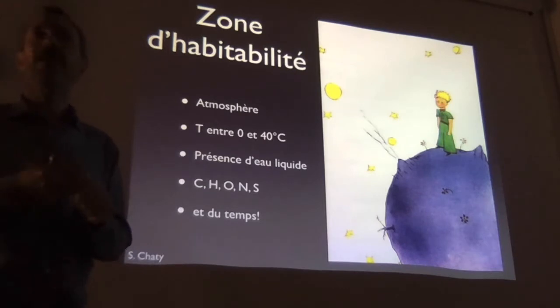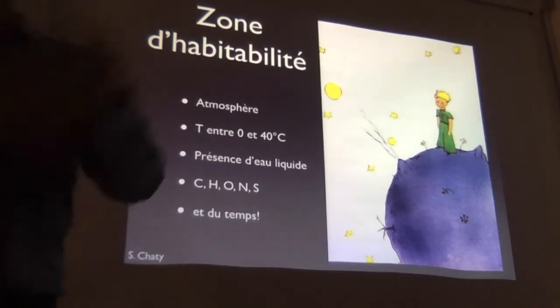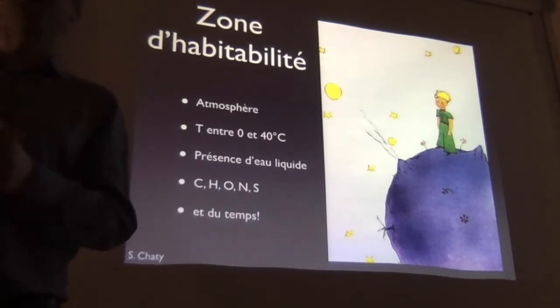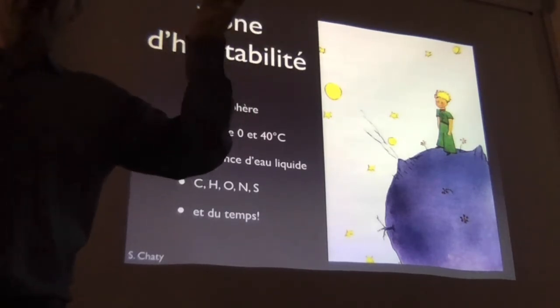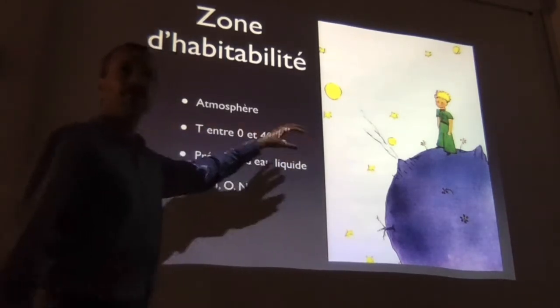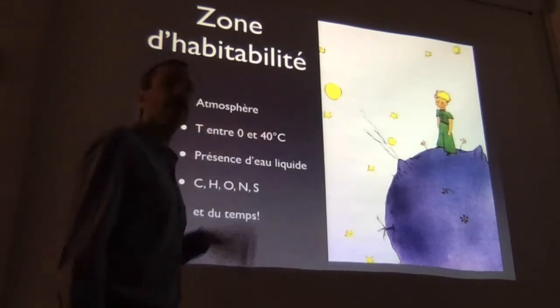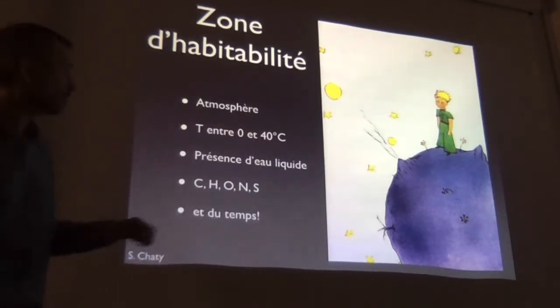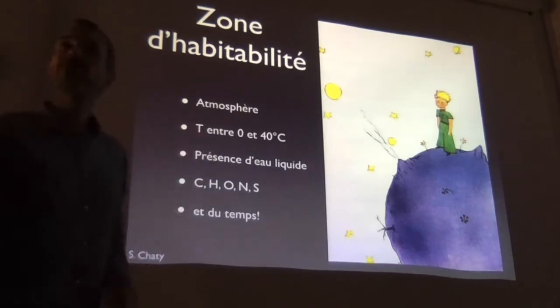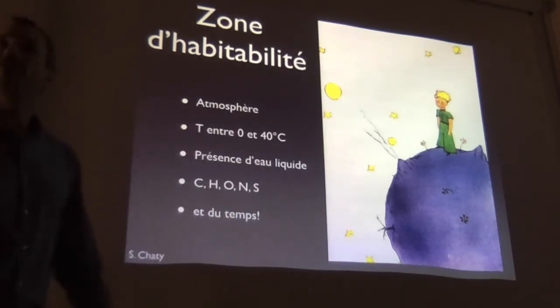If you don't have an atmosphere, then you have a gradient of temperature which is too different between the day and the night, and temperature varies too much, like on the Moon where it's plus 150 degrees during the day and minus 200 during the night. So temperature must be maintained between 0 and 40 degrees Celsius, and this allows the presence of liquid water. There is no liquid water on the planet of the Petit Prince.